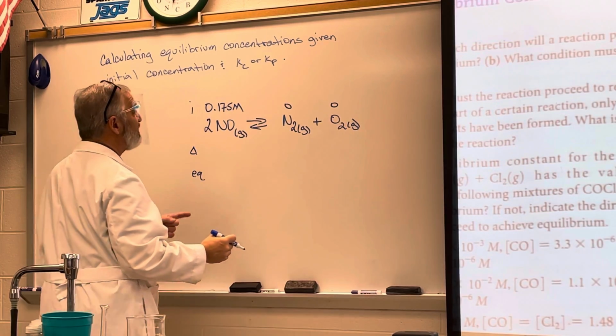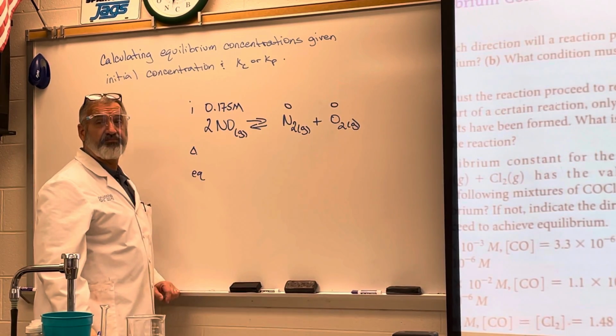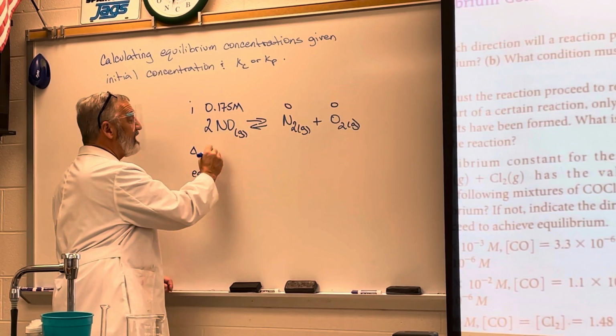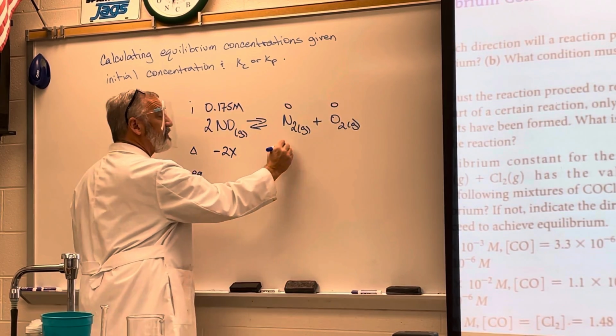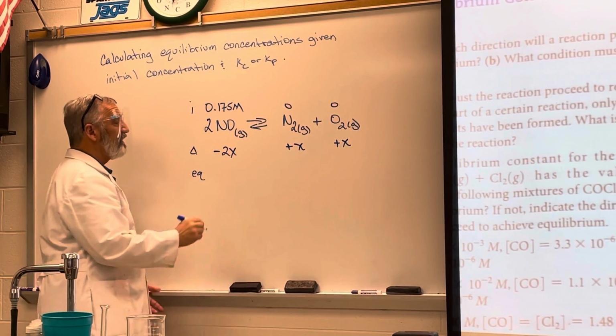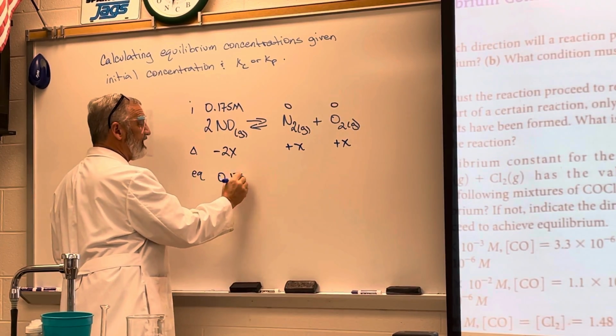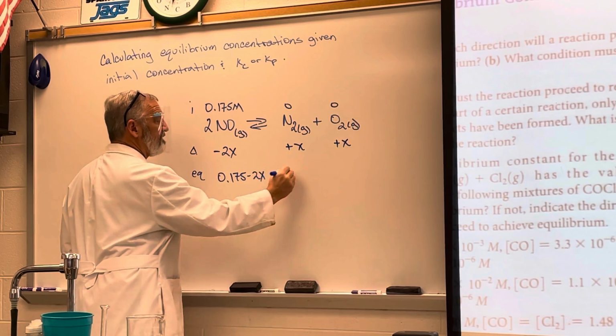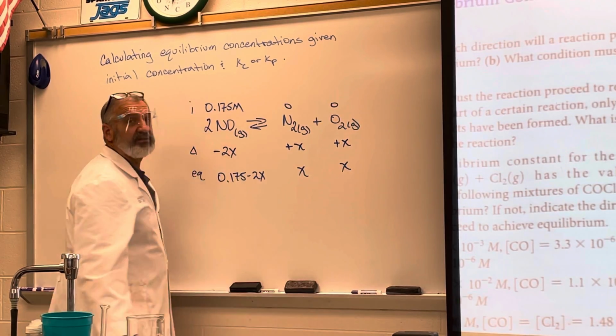So what's my change going to be? Minus 2x, plus x, and plus x. So the equilibrium is 0.175 minus 2x, x, and x.